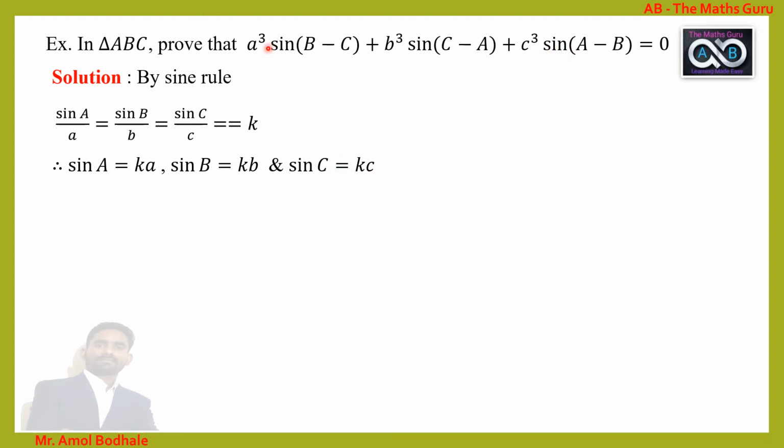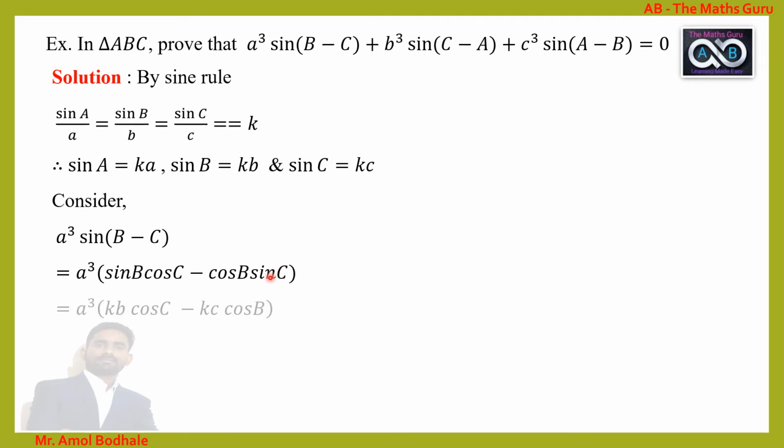From the LHS, first of all we will consider only a single term, that is a cube into sin of B minus C. Using the formula, sin of B minus C can be written as sin B cos C minus cos B sin C. Now from this sine rule we can put the values of sin B and sin C here, that is sin B is k into b cos C minus sin C is k into c cos B. Now using the cosine rule we can put the values of cos B and cos C here.